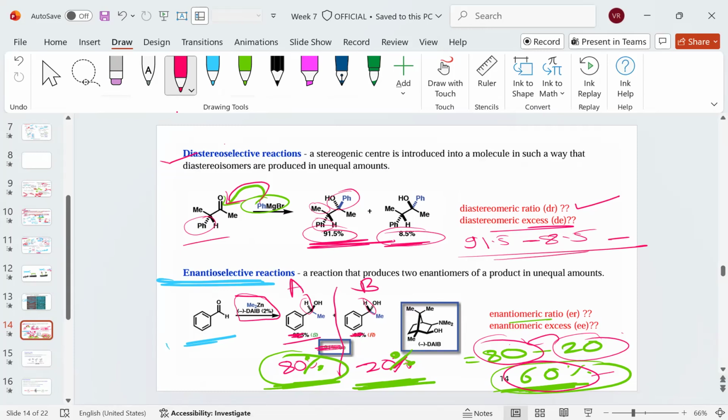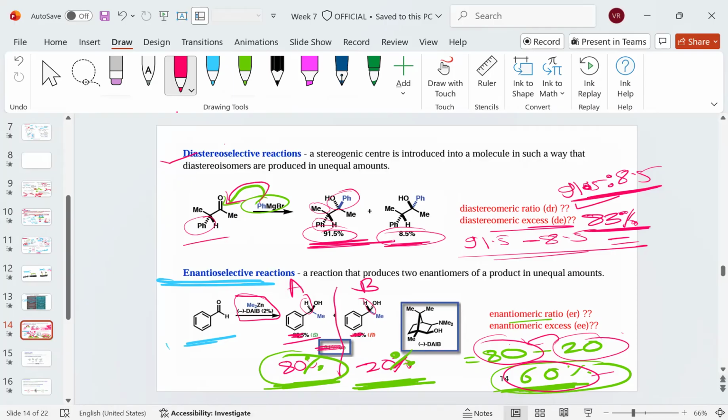So if I just calculate that, it will be 83% diastereomeric excess. So this 83% is the diastereomeric excess, and the diastereomeric ratio is 91.5 to 8.5.